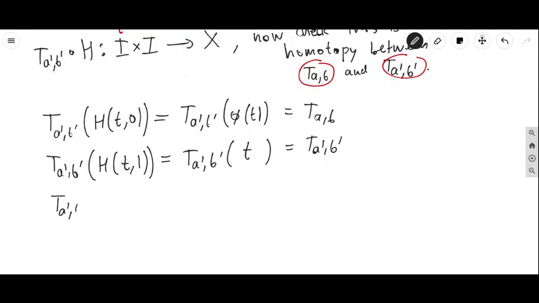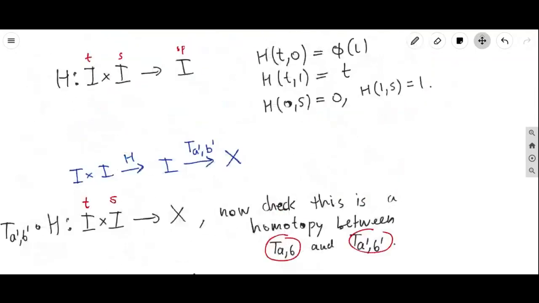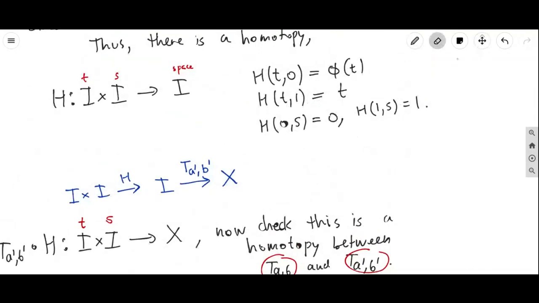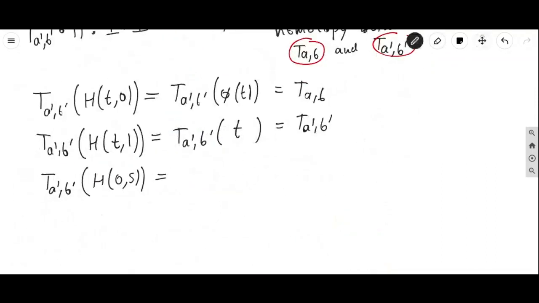So let's check the endpoints. Let's see what happens when this is 0 and this is S. Well, H of 0,S is 0. So that would be T A prime B prime at 0. But the path starts at P0. So that's P0, right? This is a path, and at time 0, it starts at P0.